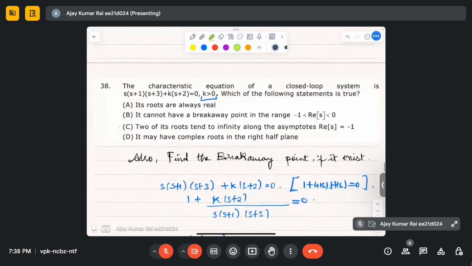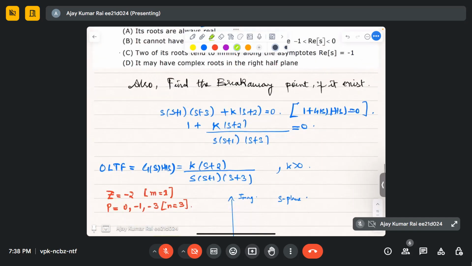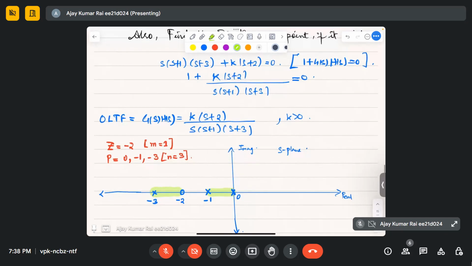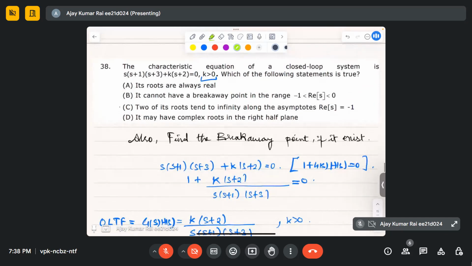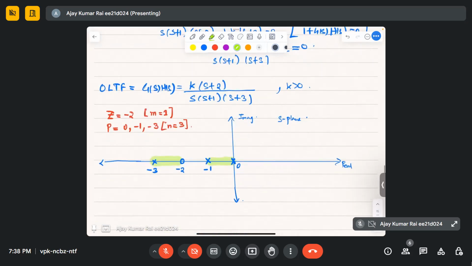So the first point, option A, is clearly false. Since we have already seen the root locus, you already know. A breakaway point will exist here, between minus 1 and 0, and the root locus will go like this.